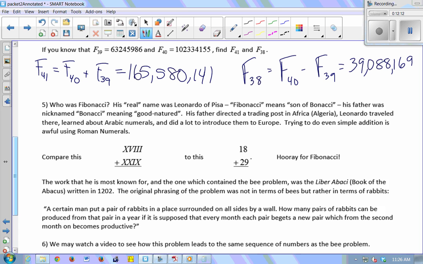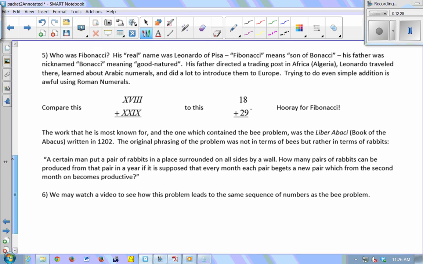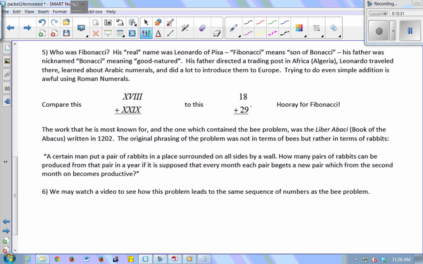His father directed a trading post in Africa, and he traveled there, and that's where he learned about Arabic numerals, which are the numerals that we use today, like 0 through 9, place value. And he helped introduce those Arabic numerals to Europe, which we cheer for because computations using Roman numerals is way harder than computation using Arabic numerals.